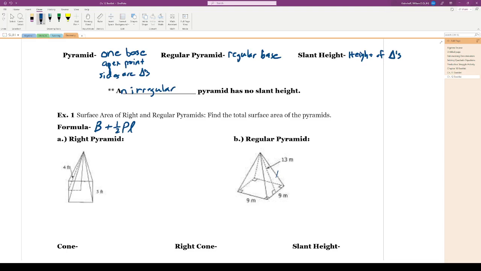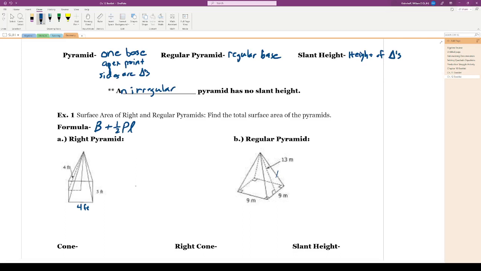I don't see any way to approach this other than assuming this is a square. But they say right pyramid, not regular pyramid. So let's actually just make up our own numbers and say that this is 4 feet wide. So our base is 5 by 4.